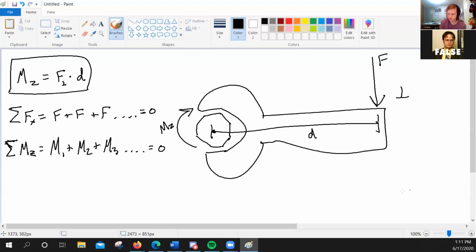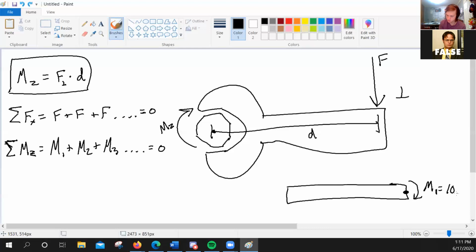So if I had something where I had, let's just say we have a bar, just some random bar, and it's got a little swivel right here, and it already has a moment, moment 1 here, and we'll say that's, I don't know, 10 Newton meters.